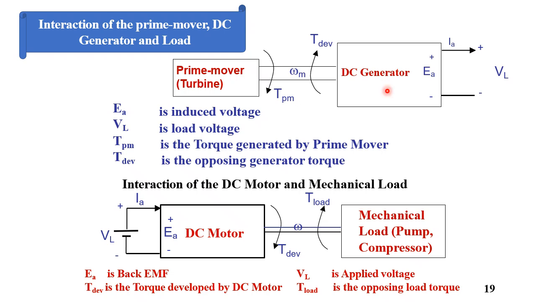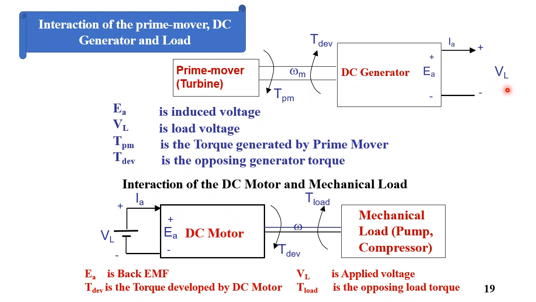The generator is driven by a prime mover, which is any type of turbine. The turbine has a torque, which is the torque of the prime mover, torque subscript PM, and the generator has the back-induced EMF EA and the electromagnetic developed torque, which is opposite in direction to the torque impressed by the prime mover, so that the shaft of the generator will be rotating with a constant speed omega m.